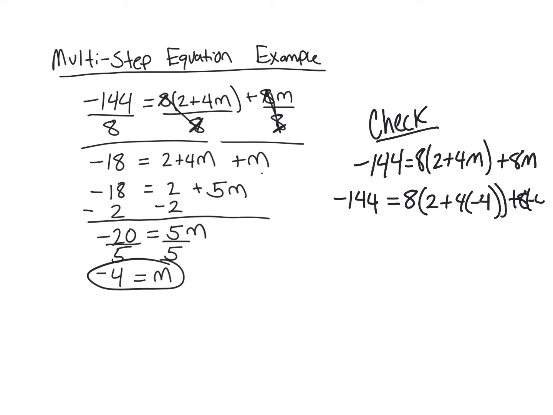Plus 8 times -4. Okay, so I have -144 on the left-hand side equals, and then I still have this 8. And if I do 4 times -4, that's -16 plus 2, that'd be -14, so -14 there, plus 8 times -4 is -32.